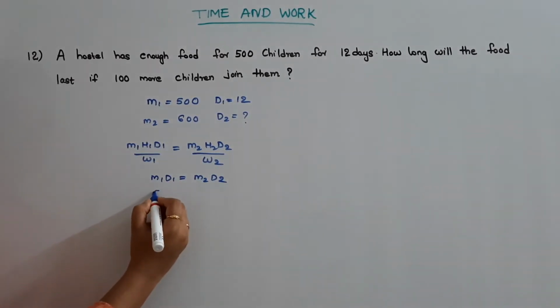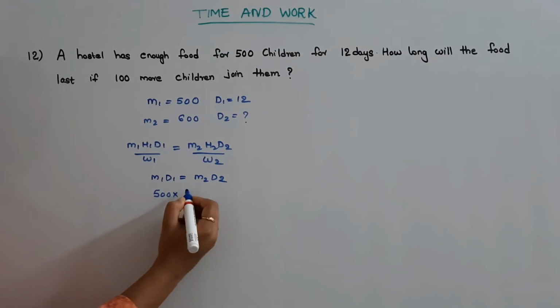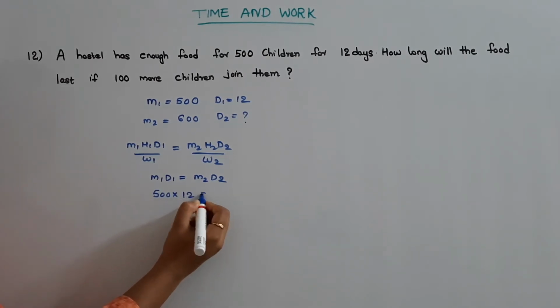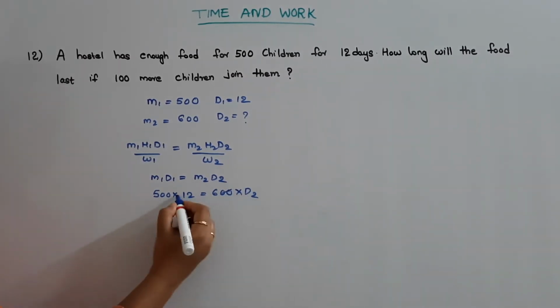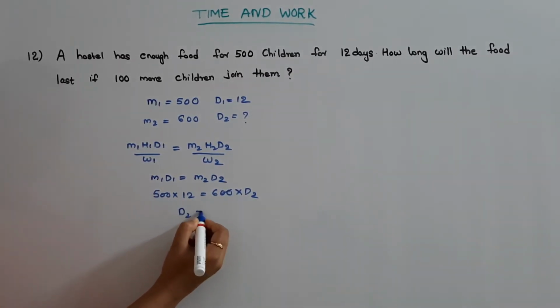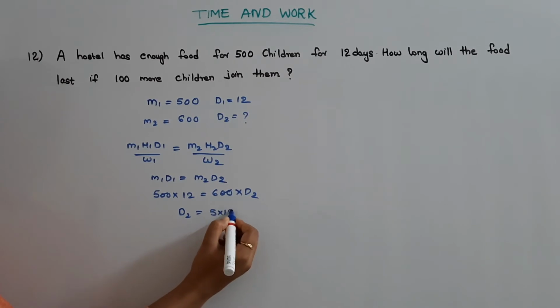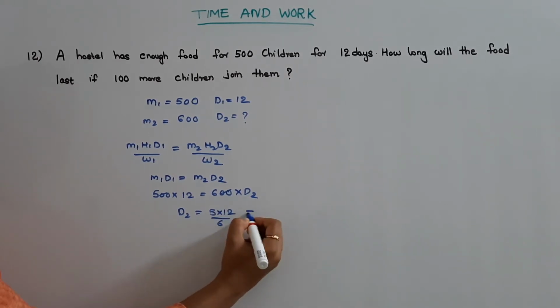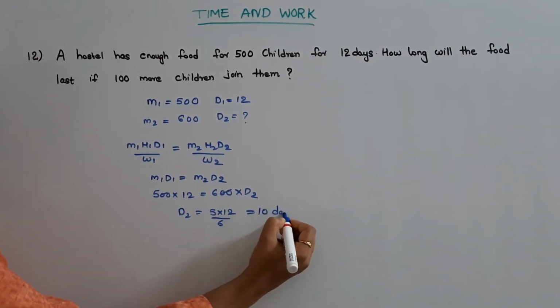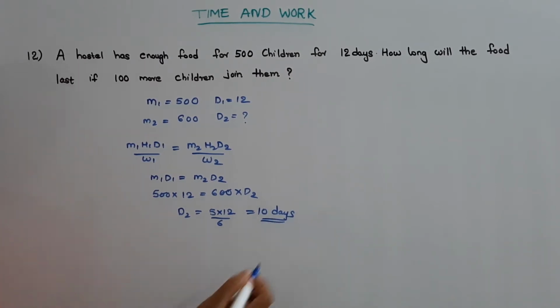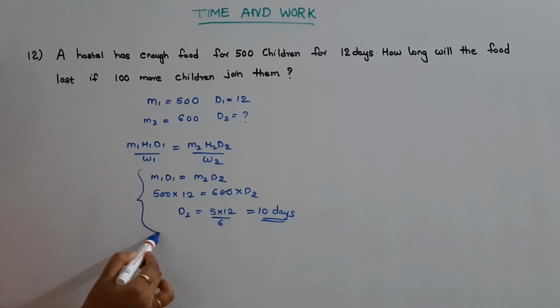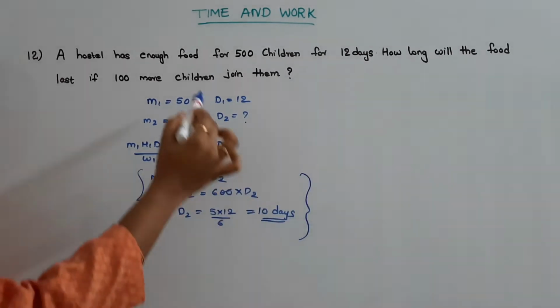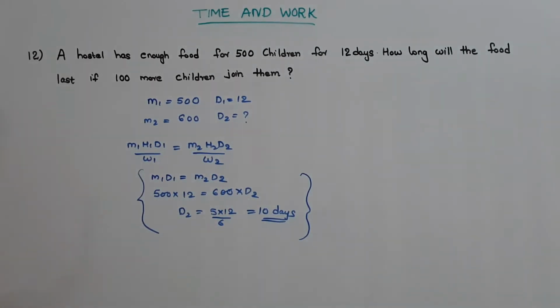Substitute the values: 500 into D1, which is 12, is equal to 600 into D2. Hence D2 will be equal to 5 into 12 divided by 6. The answer is 10 days. When you are solving the problem, just write this much part. No need of writing these entire steps in the examination.